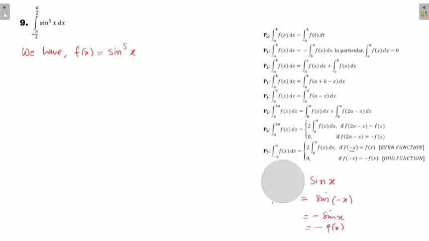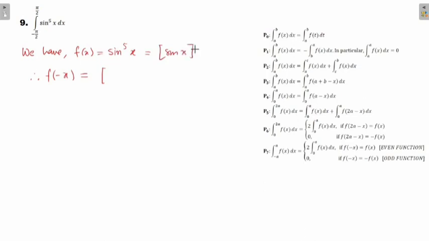So whenever we have minus a to a, we will verify whether the function is even or odd. Therefore we find f of minus x. In place of x, let's write minus x. You can write this as sine x whole to the power 5, so we write sine of minus x to the power 5. As you know, sine of minus theta is minus sine theta, that is, minus sine x to the power 5.